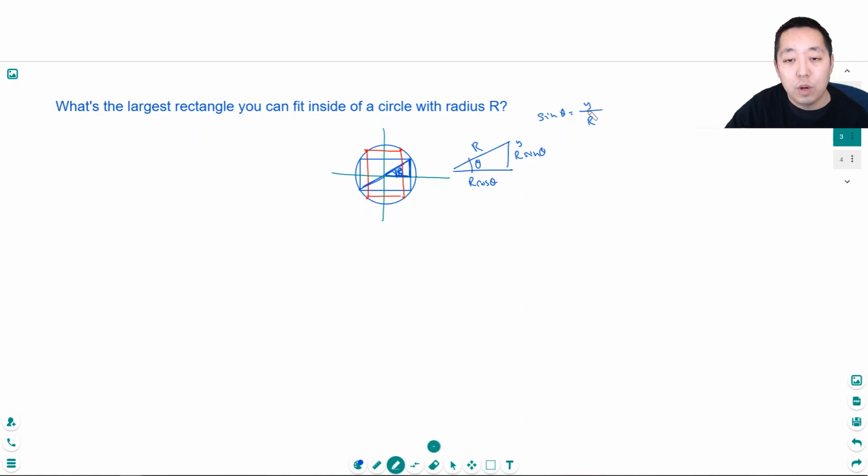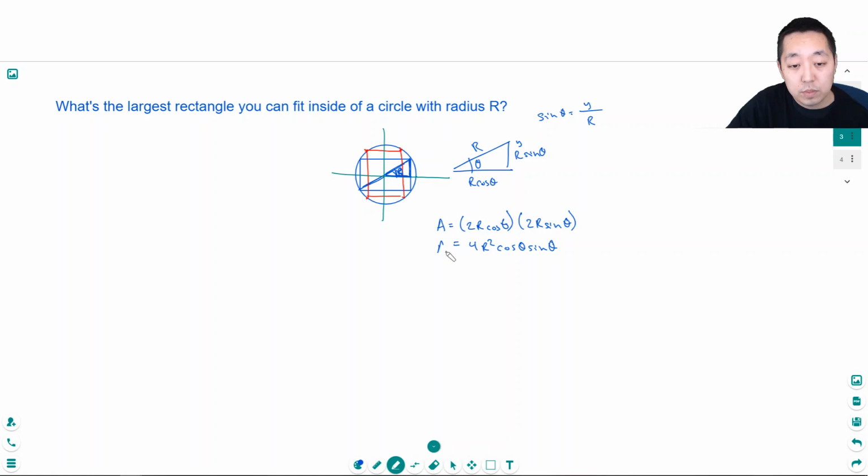If I solve for y, it's opposite over hypotenuse, so y equals r sine theta. The whole rectangle is double that, so it's 2r cosine theta in this direction, and in the vertical direction I double also, it's 2r sine theta. The area is 4r squared cosine theta sine theta.